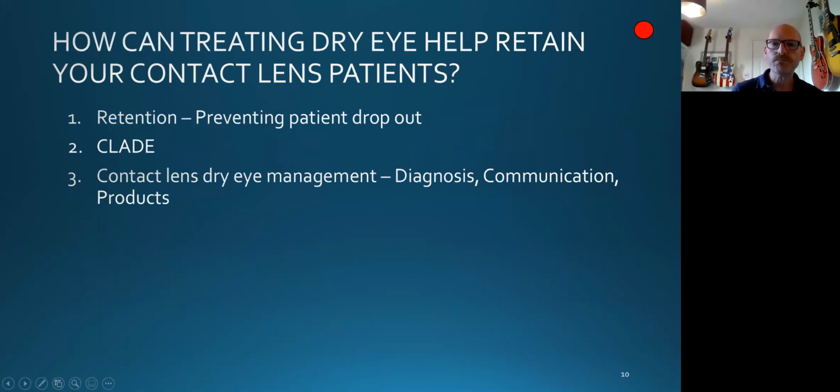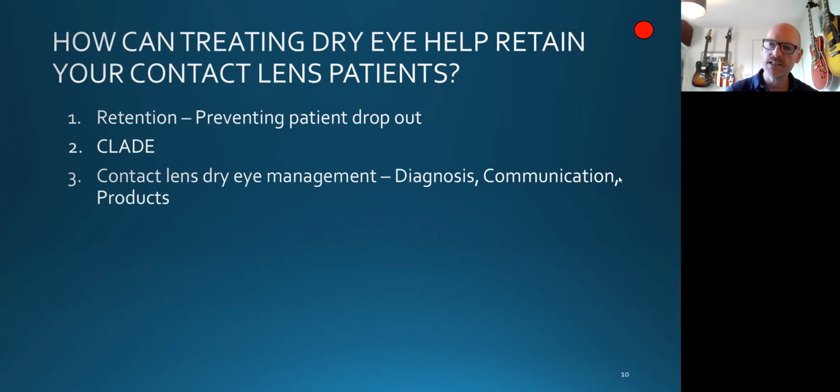A quick refresher on our 3 headline topics: retention, especially preventing dropout; contact lens associated dry eye; and the management of contact lens associated dry eye, especially diagnosis, communication, and products. We see our red spot appear once again, and something very important to reflect on at the moment is that retention of your contact lens patients is incredibly important, because your direct debit contact lens patients are likely to be the only active patients that you have at the moment.